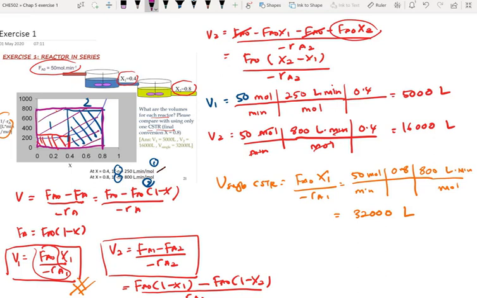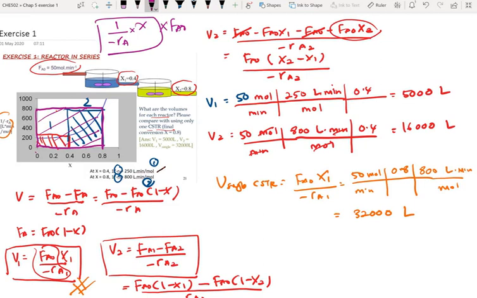It's basically 800 times 0.8, and then you need to multiply with FA0. 800 multiplied by 0.8 is only the formula for 1 over negative RA times x, so you don't have FA0 here. You need to multiply with FA0 if you are calculating the area from the graph.